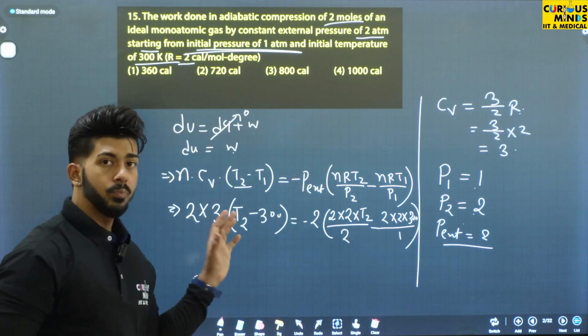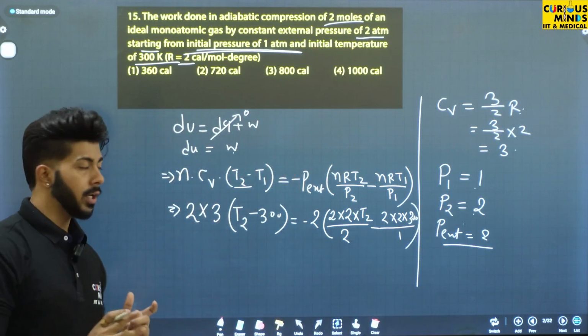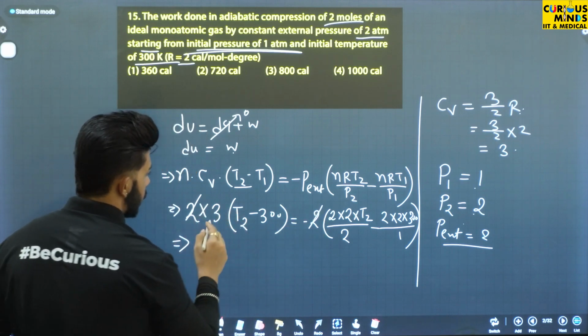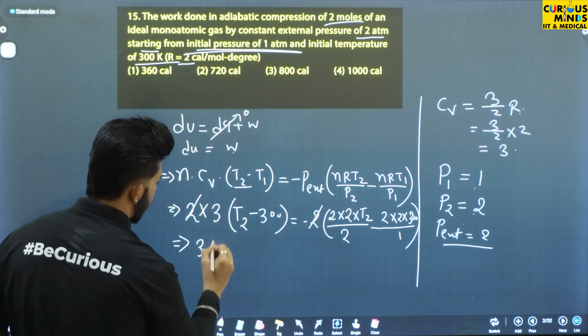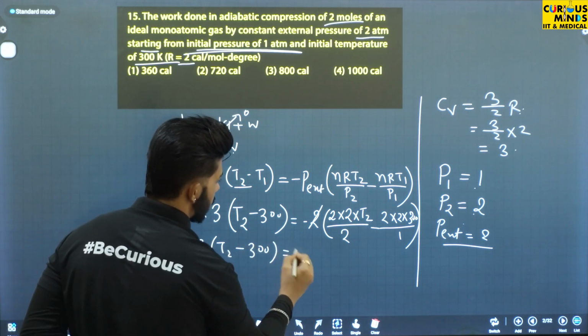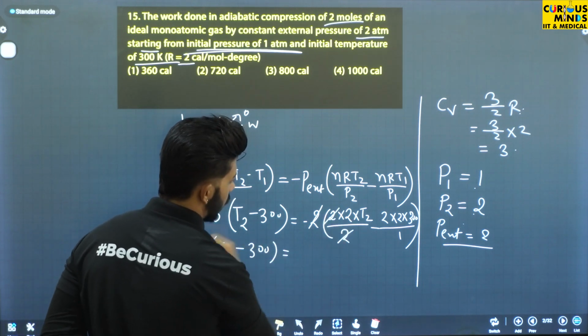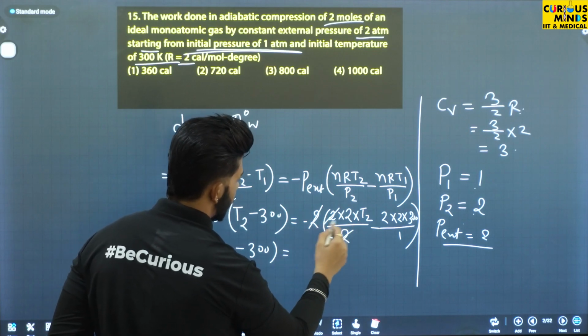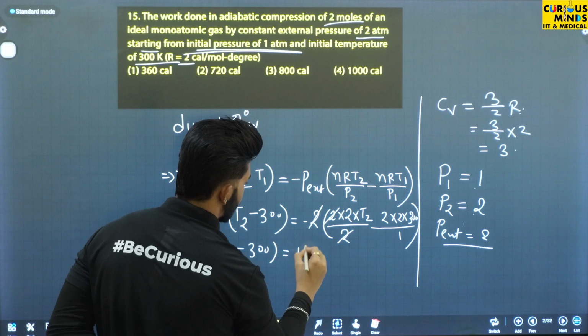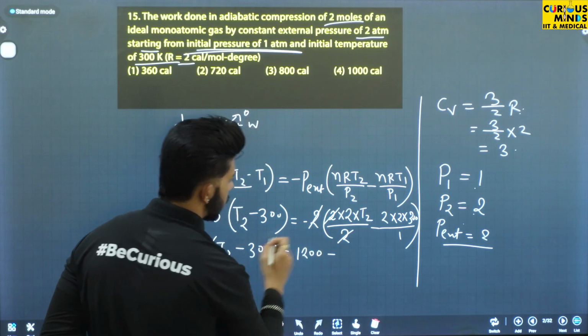So that is our whole equation done. You can check it. Now we will solve this equation. The 2 cancels from here. So this will be 3 into (T2 minus 300) equals, 2 cancels out, so this becomes 2T2 and this 4, that means 4 into 3, that means 1200 minus 2T2.